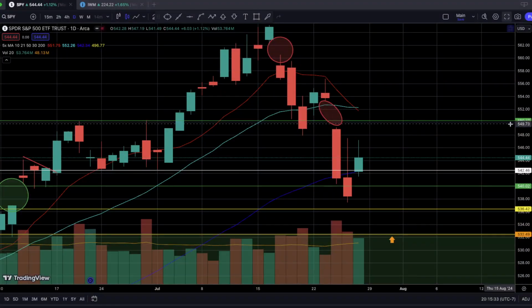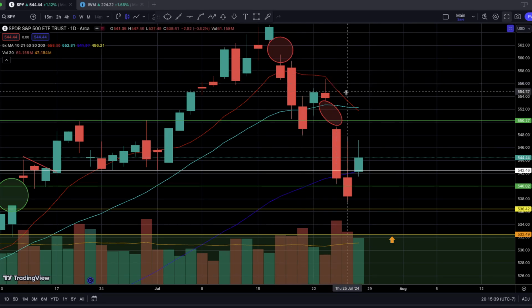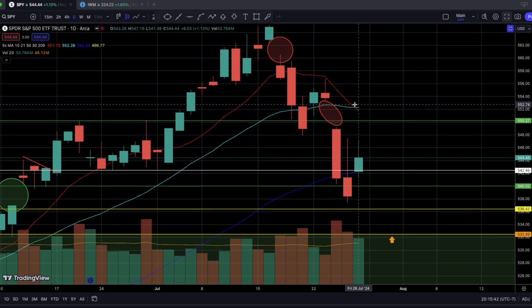At that point, if the price decides to move up higher, we should be seeing a retest of the now curling down daily 10 SMA, which has also induced a bearish crossover, where it went down, retested the daily 21 SMA, my light blue line, and crossed below it, officially giving us that bearish crossover.